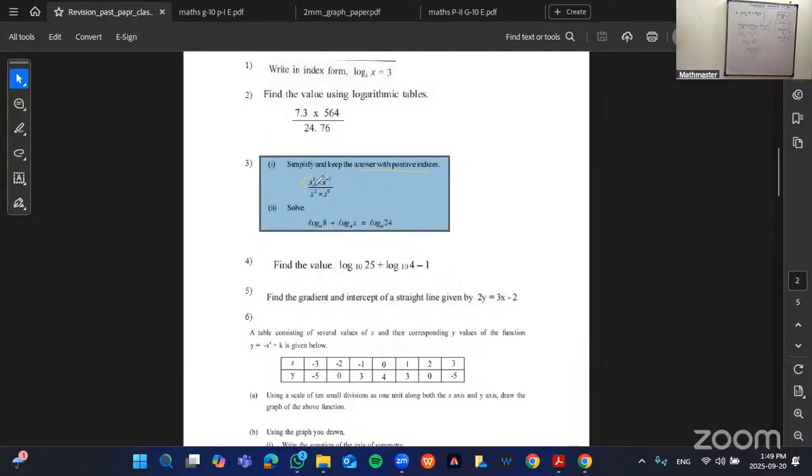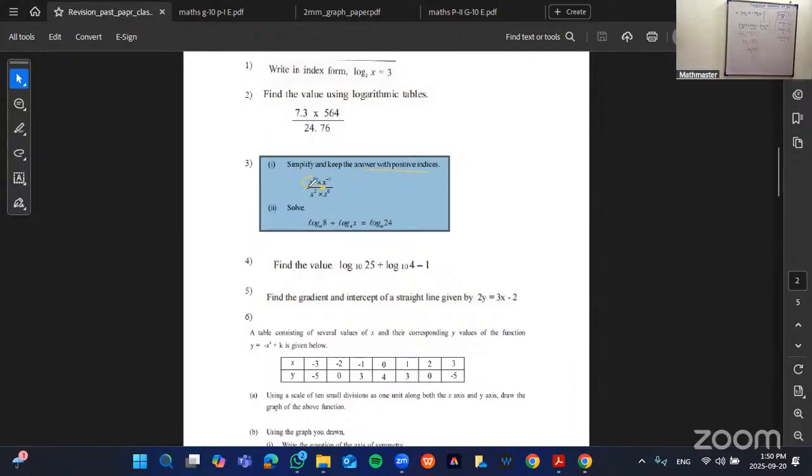When you multiply indices with the same base, here the base is x, you can add the powers, 3 and minus 7. When you add 3 and minus 7, you get minus 4, that is x power minus 4.